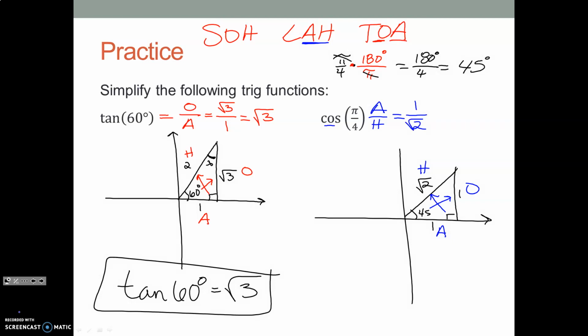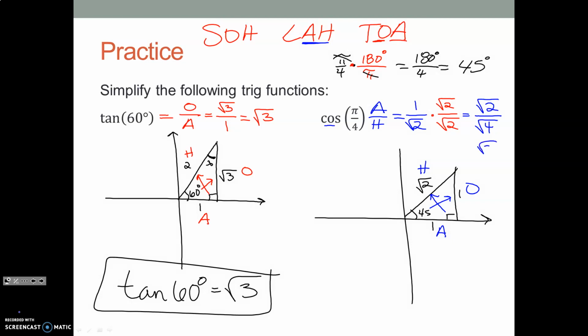Now, we do have one added step with this because remember from back in additional lesson 5, I believe it was, back in January, you cannot have square roots on the bottom of fractions. So to get rid of that square root, I'm going to multiply by square root of 2 on the bottom, and I do the same thing on the top. 1 times square root of 2 just gives me square root of 2, and square root of 2 times square root of 2 gives me square root of 4, because if they're on the inside, we can multiply them together.